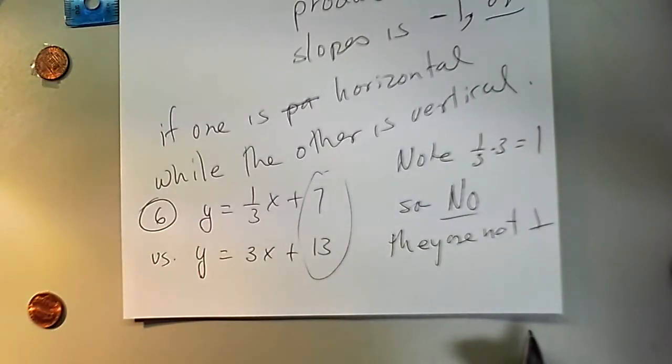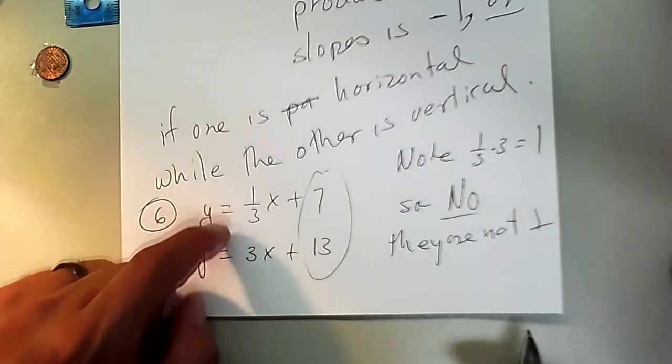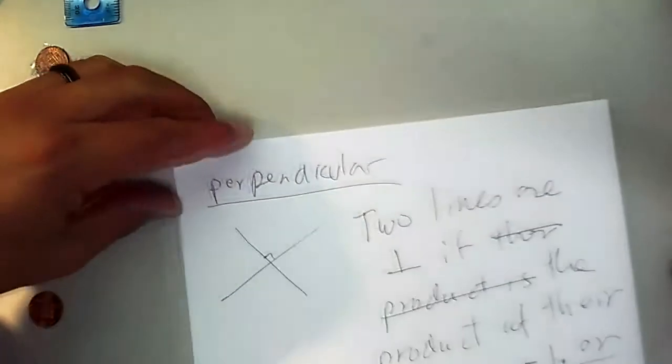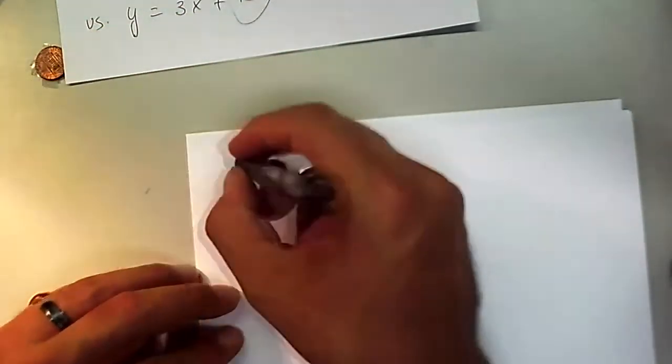If we wanted to change one of the two to make them perpendicular, sure. This is a follow-up of 6.